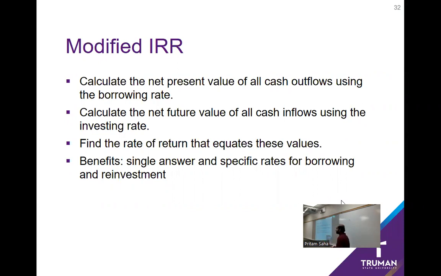IRR, right? What are some problems of using IRR? Like what are some situations if we use IRR, we could end up with wrong results? Non-conventional cash flows, absolutely, and mutually exclusive projects.